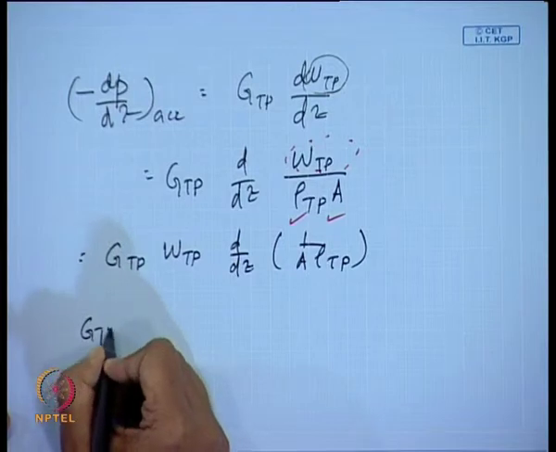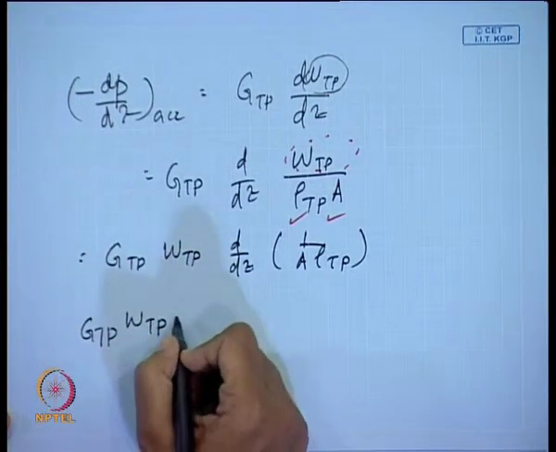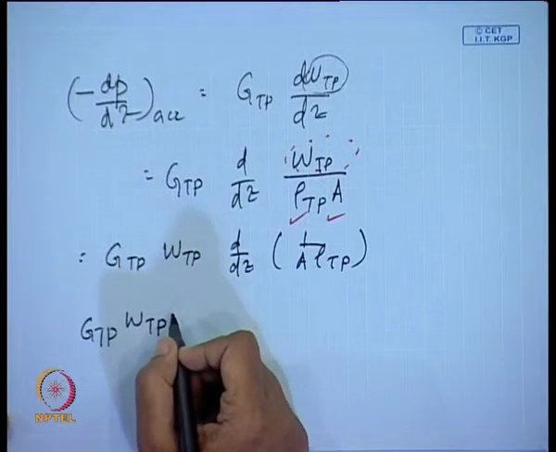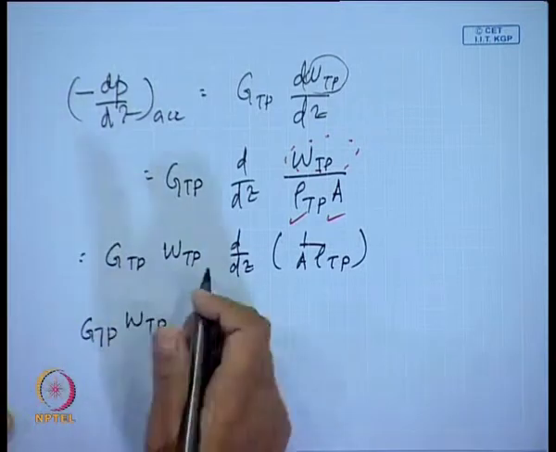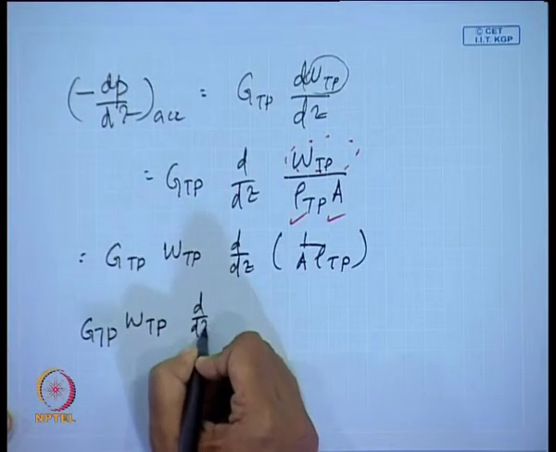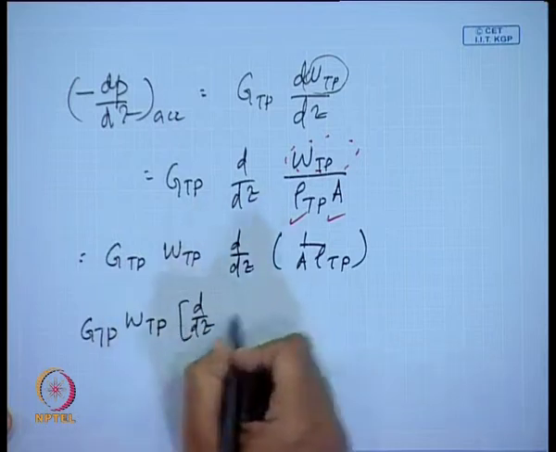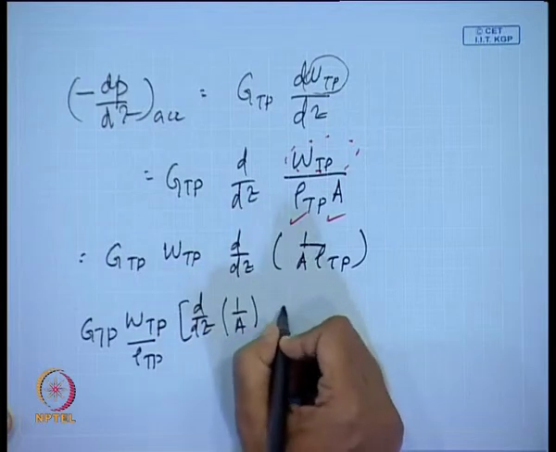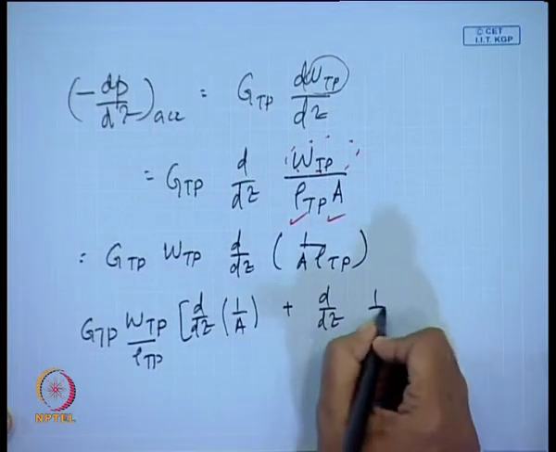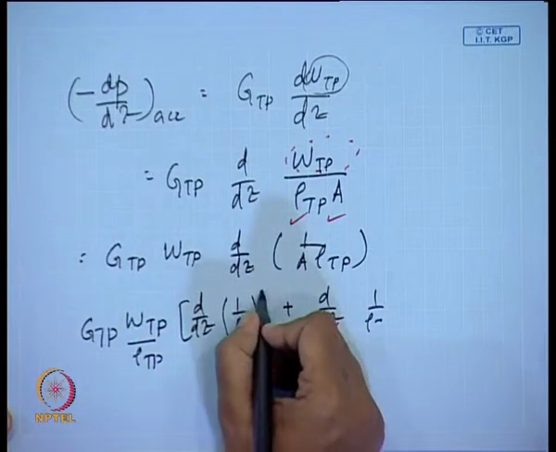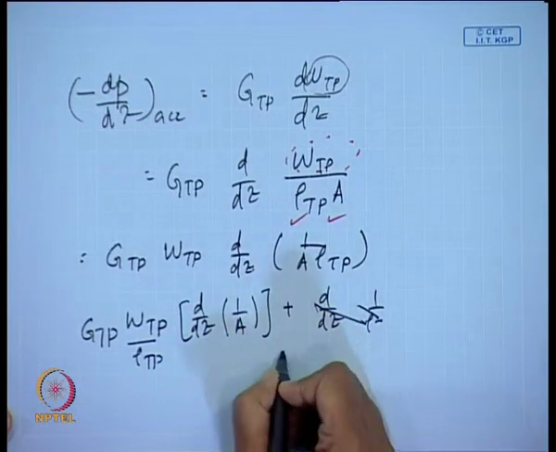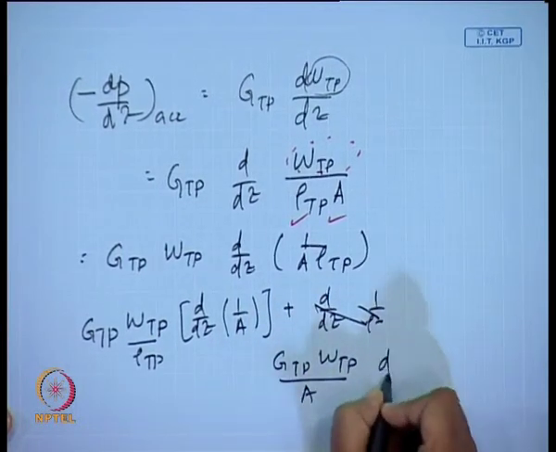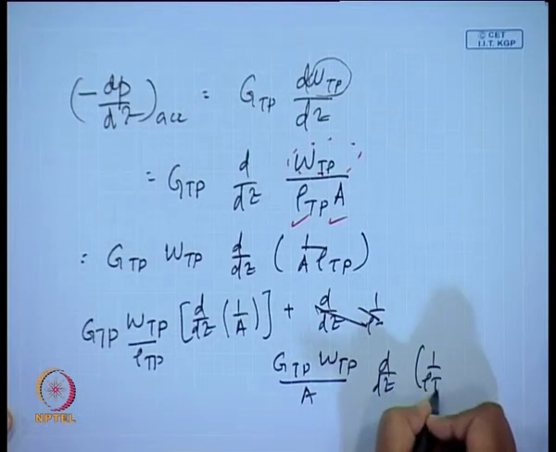You get G_TP, W_TP, and if you perform these differentiations, then what you get is 1/rho_TP d/dz of 1/A, plus d/dz of 1/A, plus G_TP W_TP/A d/dz of 1/rho_TP.